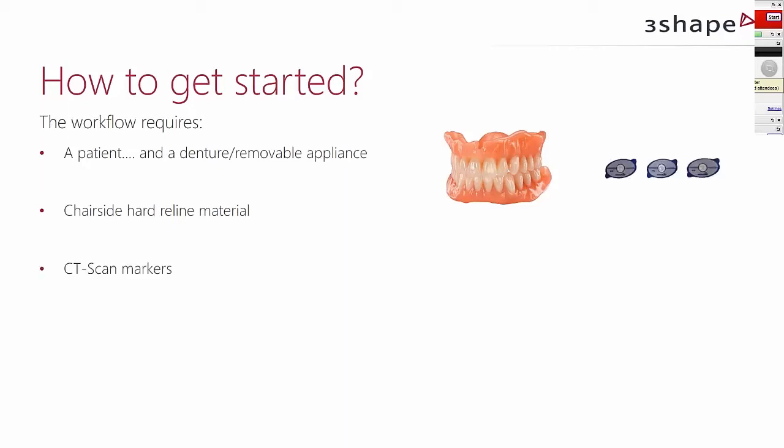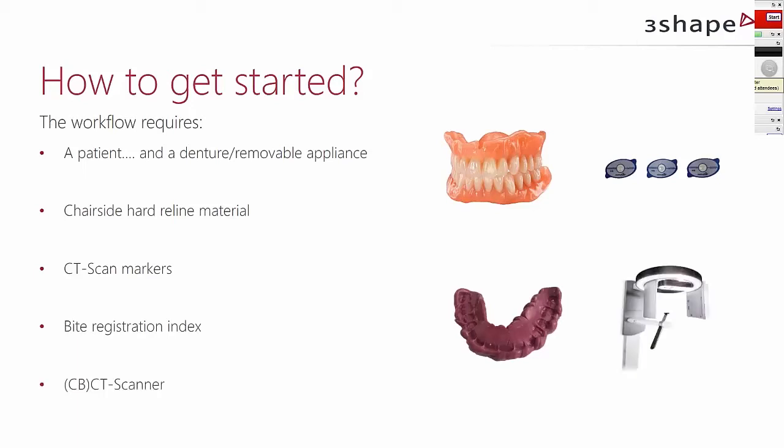We need some CT scan markers to put on the actual appliance or denture. We need to fabricate a bite registration index. And obviously we need a CT scanner, cone beam or regular medical. Yes, in some markets this is also known as a DVT, different names for the same device. So these are the main ingredients.